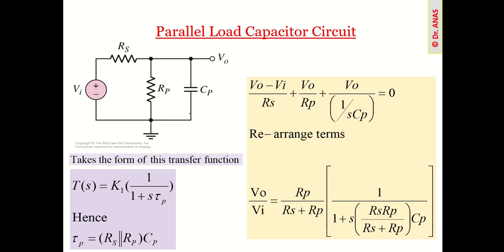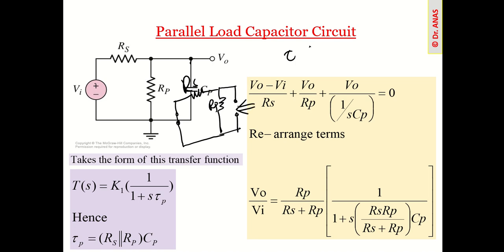Similarly, if we have a parallel circuit like this, quickly, for example, we want to calculate the tau. Tau will be the resistance seen by this capacitor. If I draw this, it will look like this one. Open circuit, RP. Then we have here RS, and this voltage source will be short circuited.